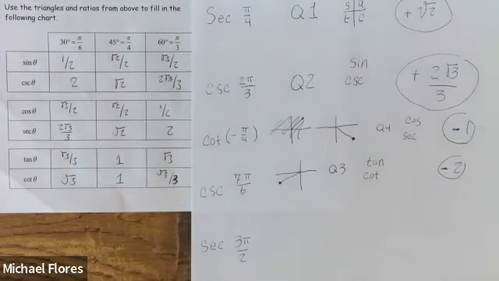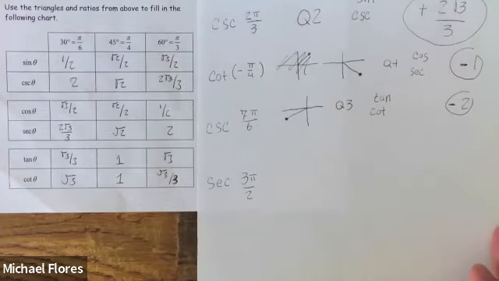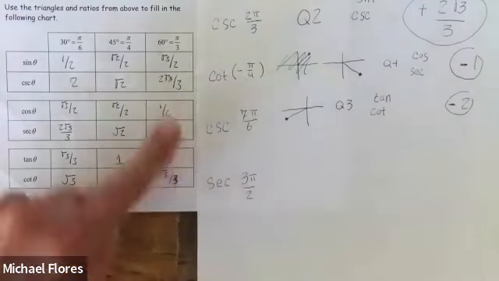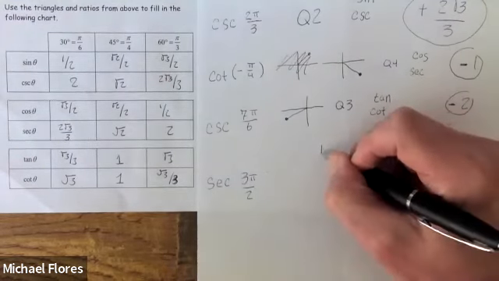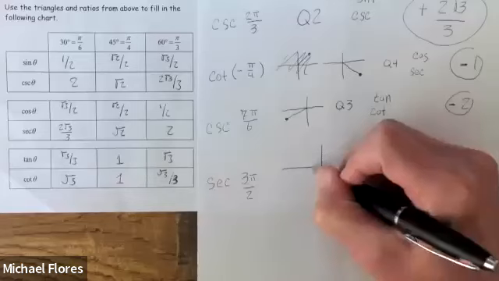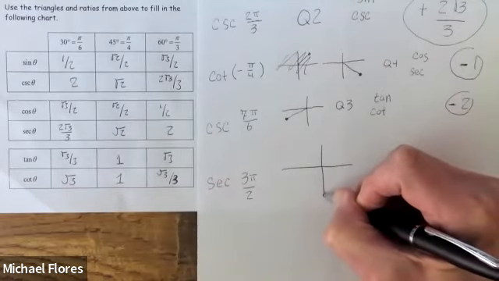Now, find secant of 3 pi over 2 in your notes. Secant of 3 pi over 2 is not in quadrant 1, 2, 3, or 4. So this chart is not going to help us. 3 pi over 2 is the same thing as 270 degrees, which would be here.